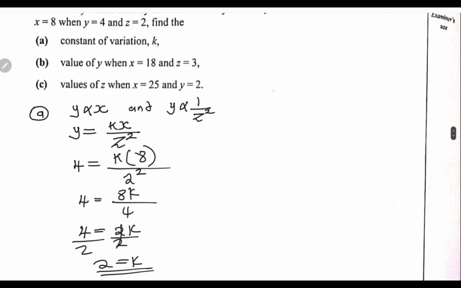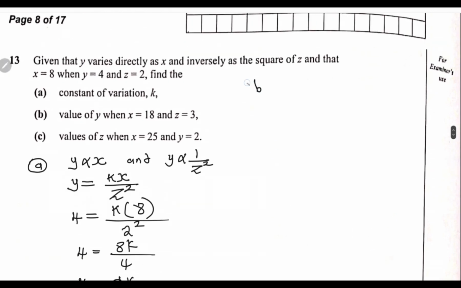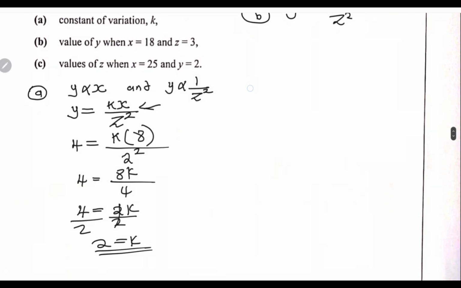So for part B, I'll solve it from here. We are asked to find the value of y when x is equal to 18 and z is equal to 3. So this is not that difficult. Just get the master equation that we found here. So this is our master equation. So we're just going to say y equals k x over z squared. Then we already know the constant of variation is 2.